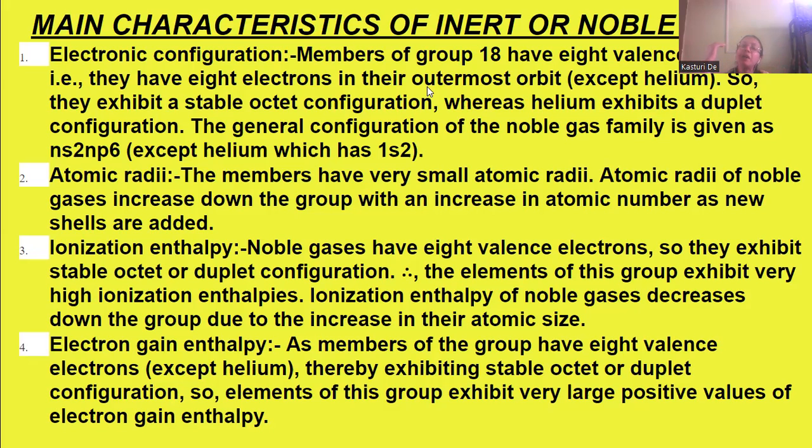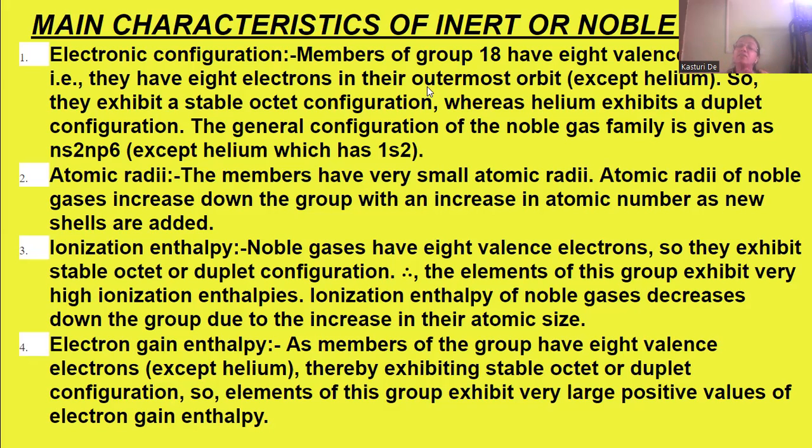But as we move down the group, their atomic size increases, and therefore that decreases their ionization enthalpy. The closer to the nucleus, the more the ionization enthalpy will be.